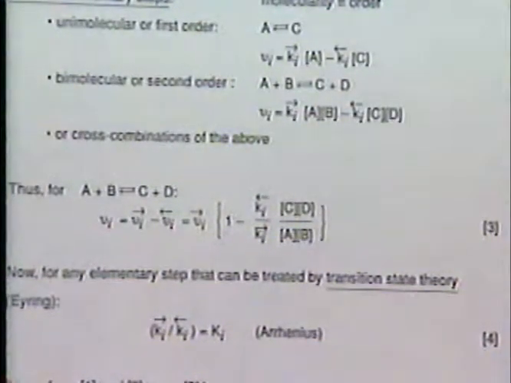And it is given by the product of this kinetic quantity, which has been measured already, and a thermodynamic driving force, which is obtained from the free energy of the reaction, which is probably available somewhere in thermodynamic tables.